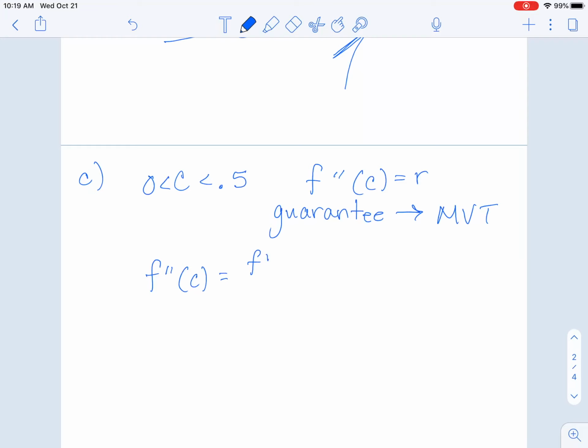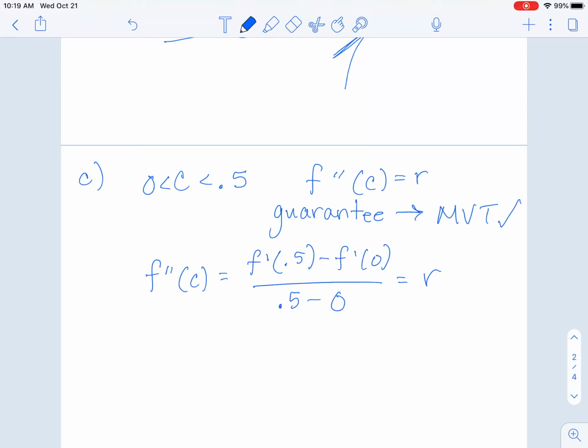Okay? So then we're gonna go and say, okay, well, what's the slope: f prime of 0.5 minus f prime of 0 over that 0.5 minus 0, okay? And you're gonna get, what is that R value? Okay, so mean value theorem.